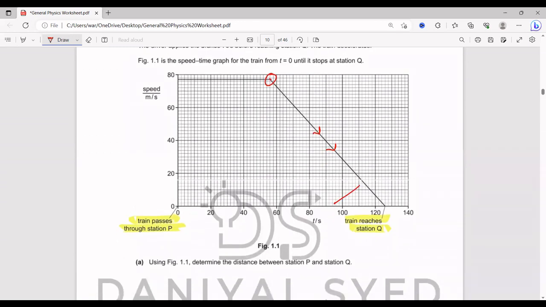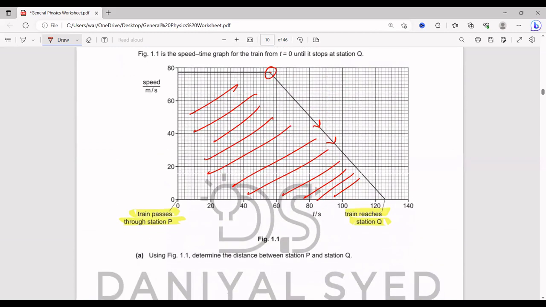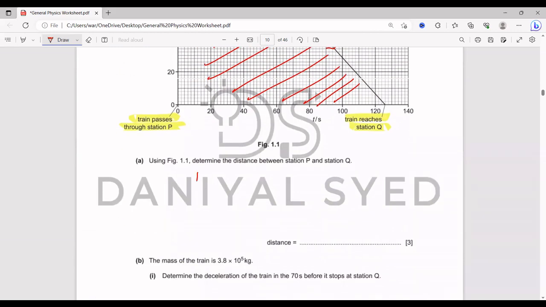So, guys, for the distance between station P and Q, you have to calculate the area under the graph. This is a trapezium, so the formula is half times the sum of the parallel sides.